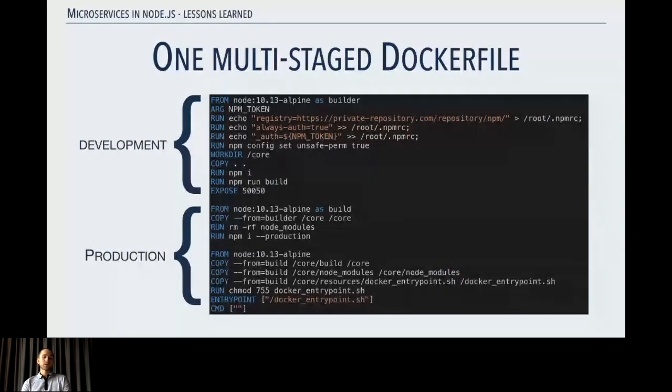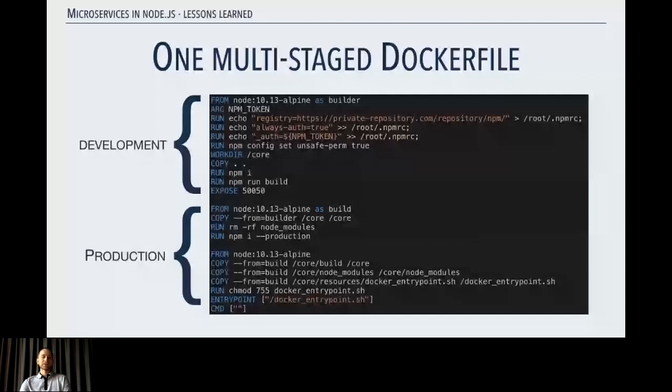Actually, the code inside this slide is not quite important right now. I just wanted to tell you the idea of what we are doing. So having that one Dockerfile with multiple stages, we can, as you can see, produce development images and then production images based on those development images with some more commands executed against them.